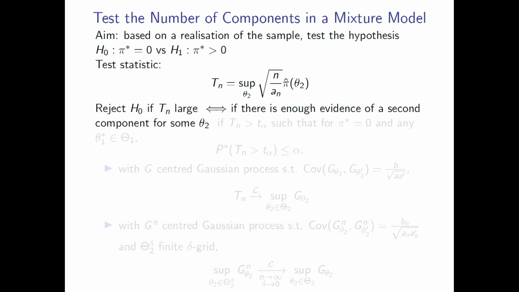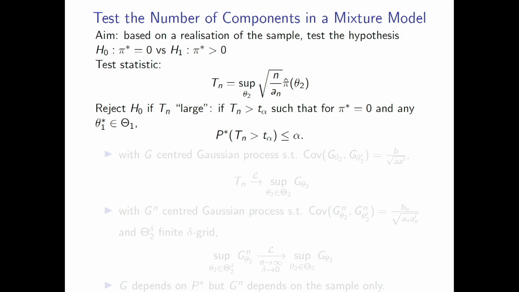And I do this for any θ2, and I reject H0 if, for any θ2, the test says you should reject. And technically, we have to find a T alpha such that for pi star equal to 0 and any θ1 star, the probability of rejecting H0 is smaller than alpha.